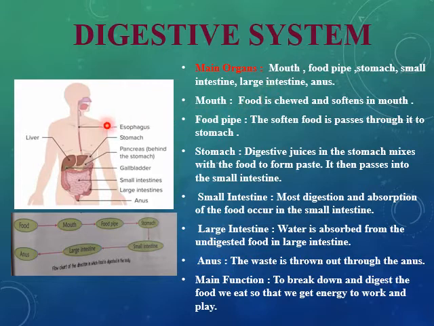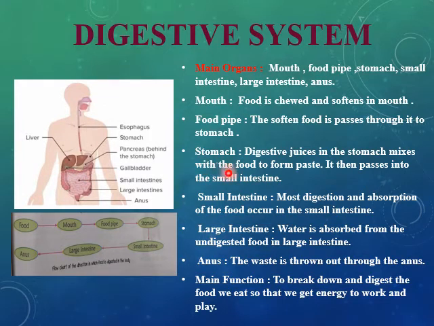See here, our mouth. Then this is the food pipe. This is the stomach. After that, small intestine. Then large intestine and anus. These organs make up our digestive system.